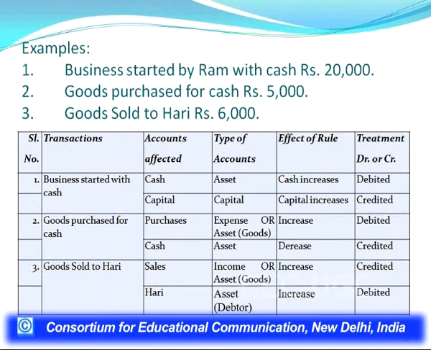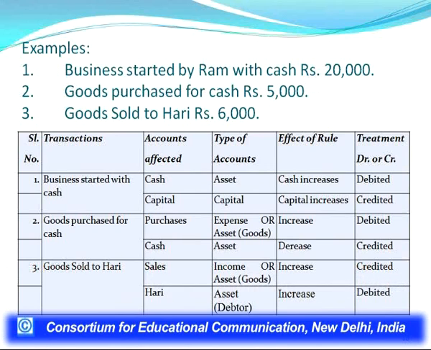We have taken here the example of 3 transactions. The first is business started by Ram with cash rupees 20,000, second is goods purchased for cash rupees 5,000, and third is goods sold to Hari 6,000. In case of the first transaction, business is started with cash, the 2 accounts affected are cash and capital. As per modern approach, cash is an asset account and capital is part of capital.